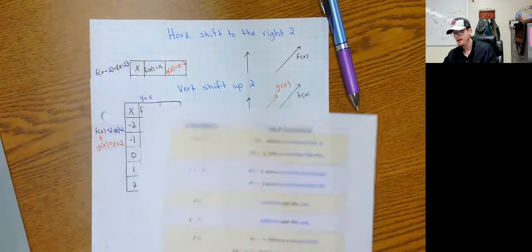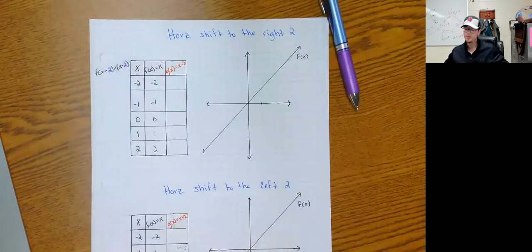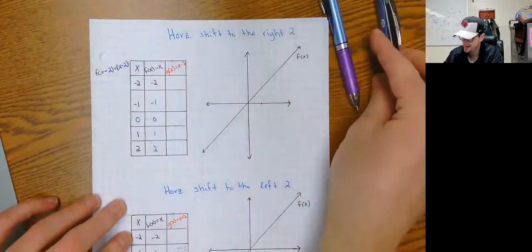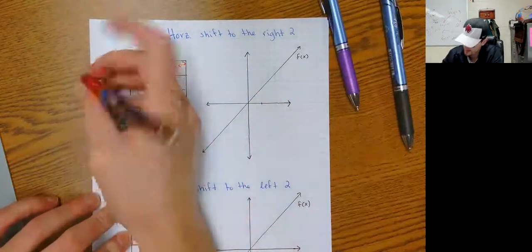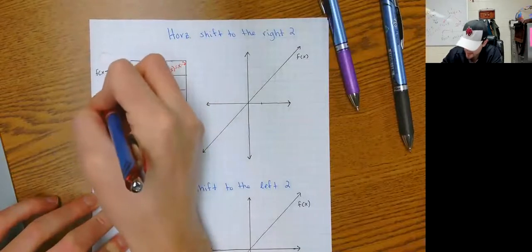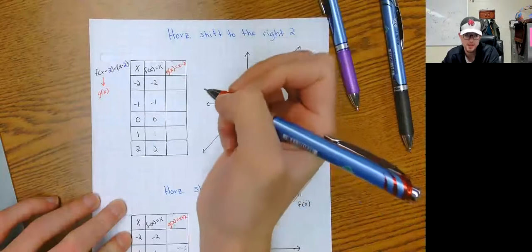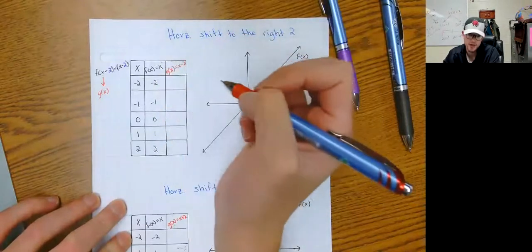Now what you're going to find out here is this is a special case for linear functions, that it really doesn't change anything. It will for everything else, but for this special case, it does not change anything when we're transforming the parent function.